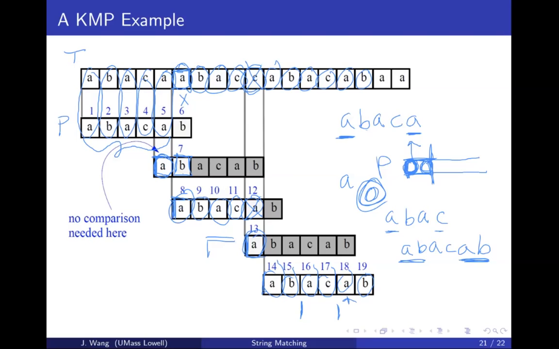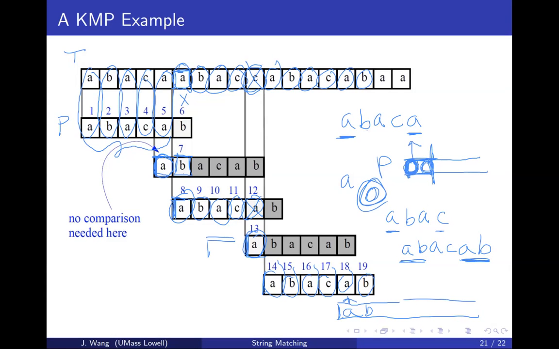So I'm going to move A, B. Let me erase this. Okay, so next one is going to be here. A, B, A, B, A, C, A. Okay. So basically that's the algorithm.